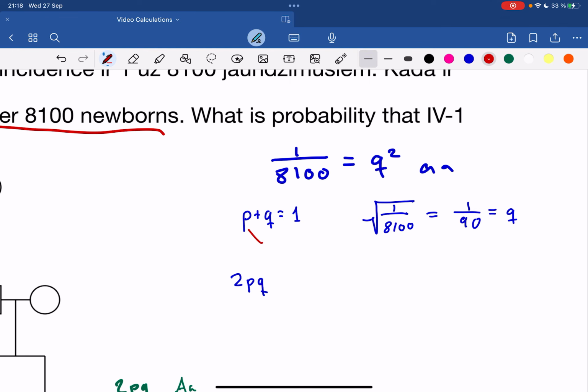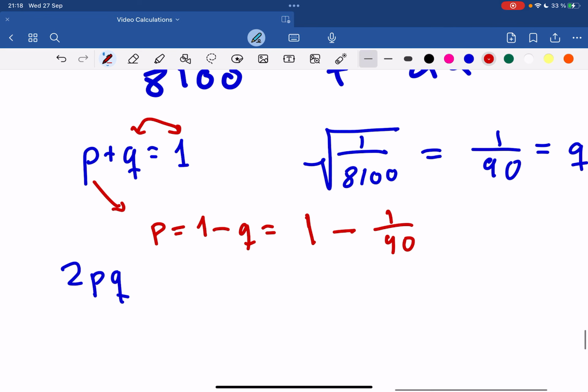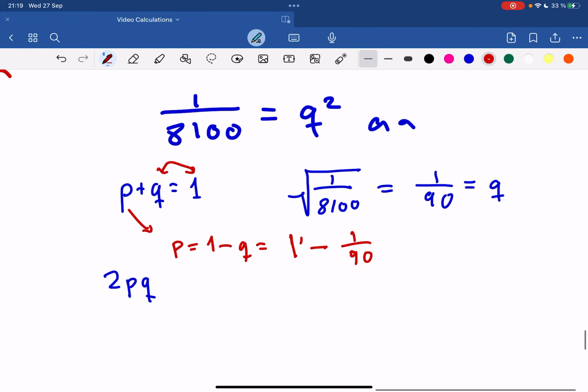Now p is equal to 1 minus q. We're just turning these two inside out, which is 1 minus 1 out of 90, right? And remember, this is usually tricky. Remember that this one represents 90 over 90, okay?